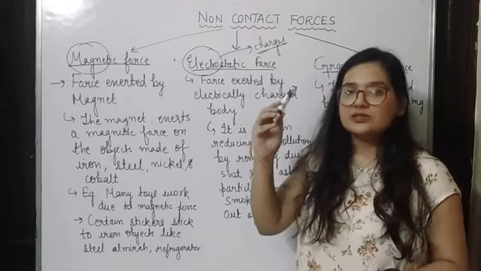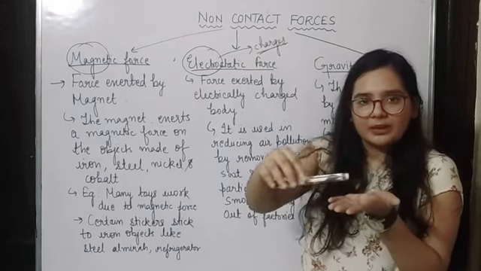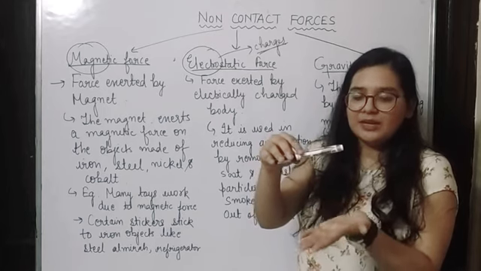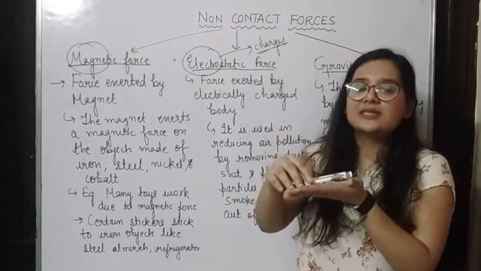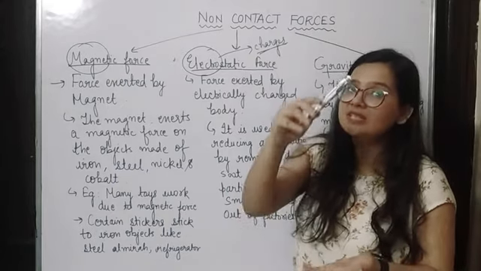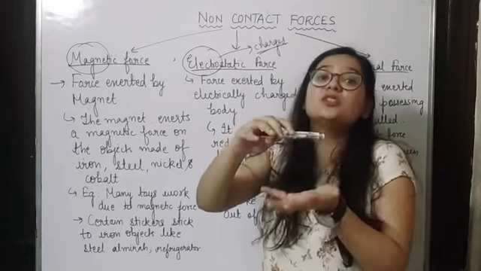And as the scale got charged, if I move the scale over the bits of paper, the paper will start attracting. The paper will stick to the scale. Why? Because the papers are not charged, but the scale is charged. So the scale is somehow charging those papers.